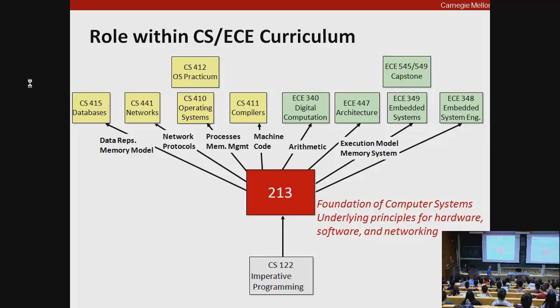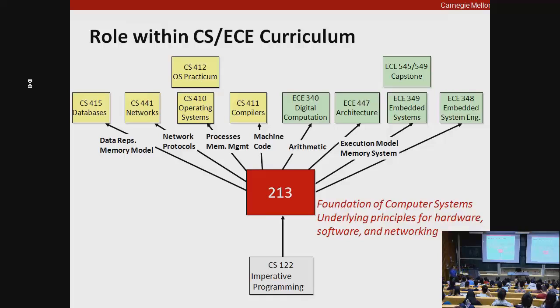There's a lot of theory that doesn't require 213. That's not all there is to engineering. Okay? There are a lot of aspects of engineering that are very mathematical. Okay? Or don't build things in software or model them with software. All right? But for a huge number of courses, 213 is a prerequisite. And this is only a subset.